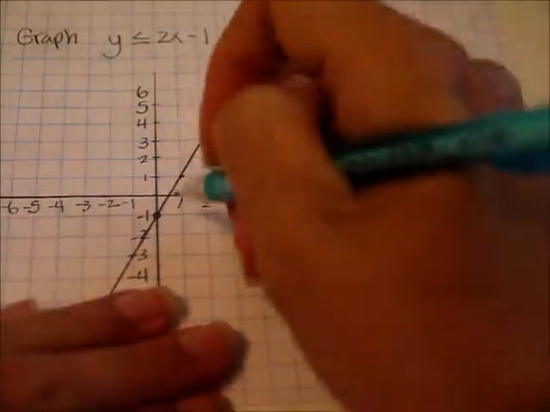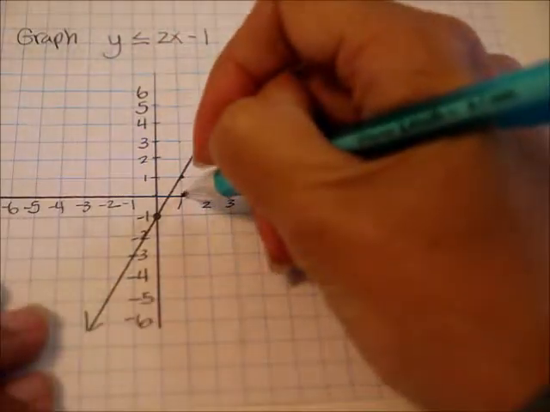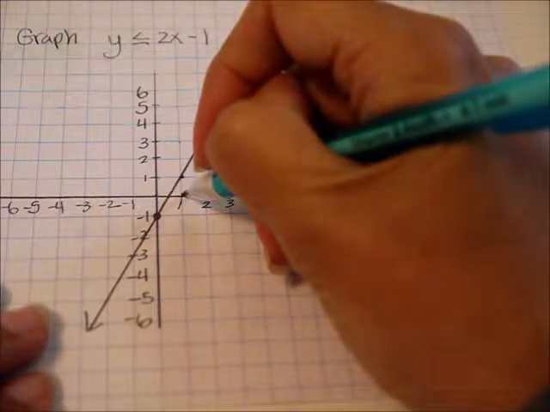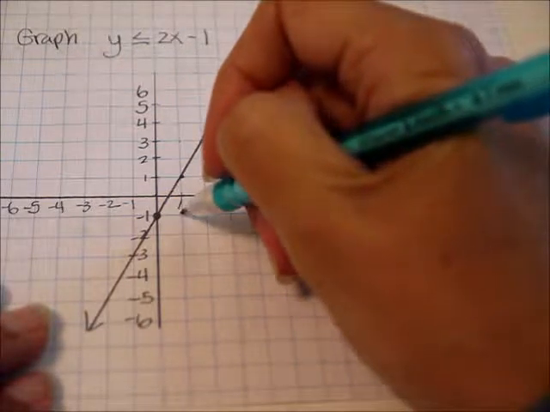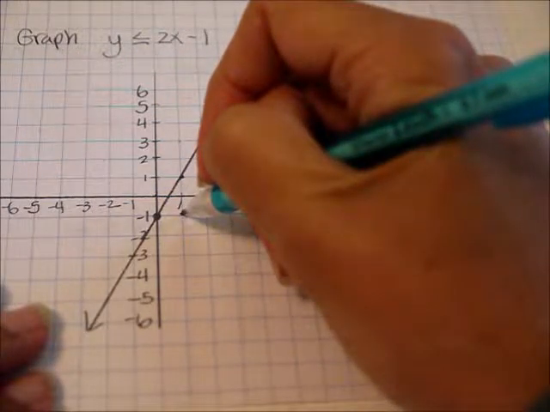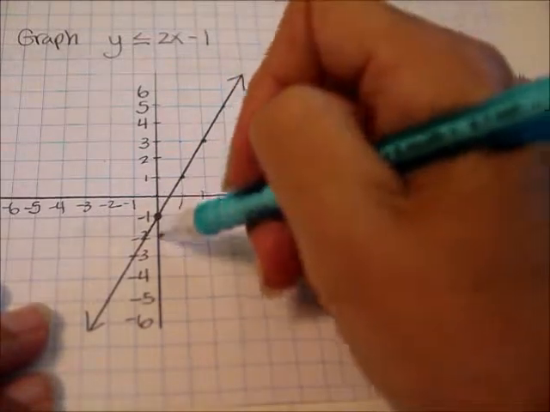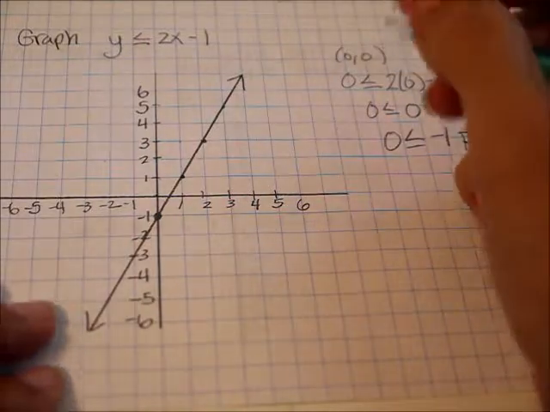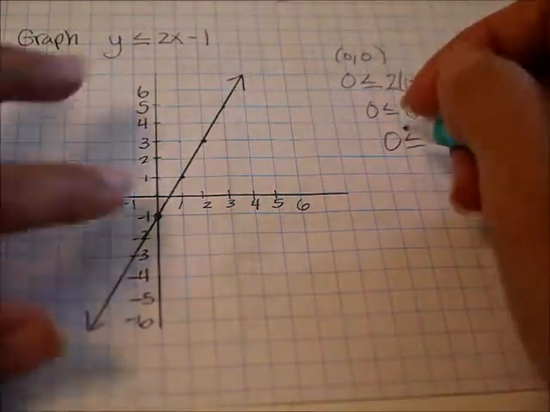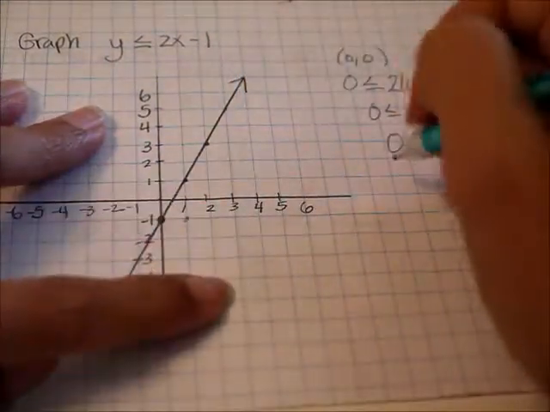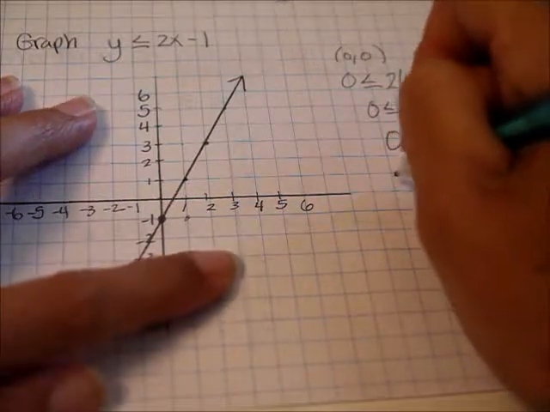Let's try, we could either do this point, 1, 0, or 1, negative 1. Either one. Any point, literally. You could do 0, negative 2. All of those work. Alright, so I'm going to go ahead and try this one. 1, negative 1.